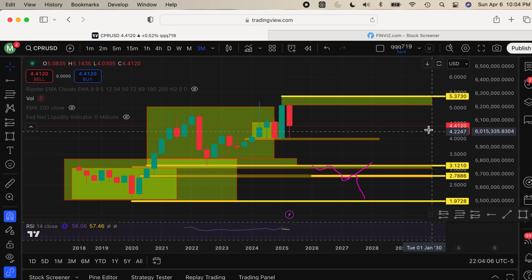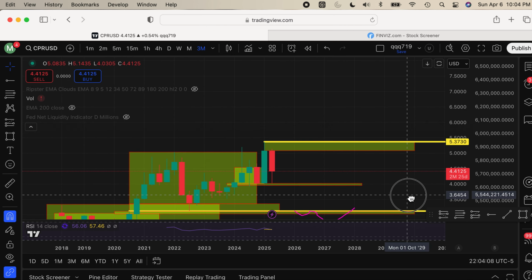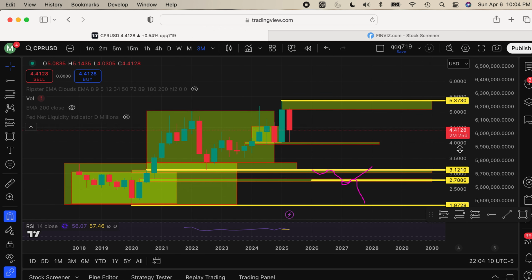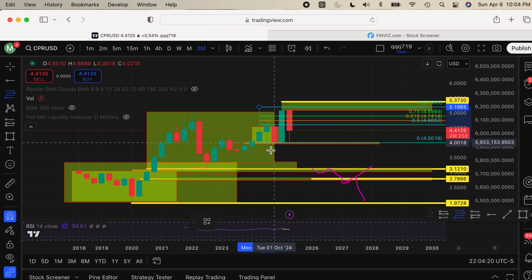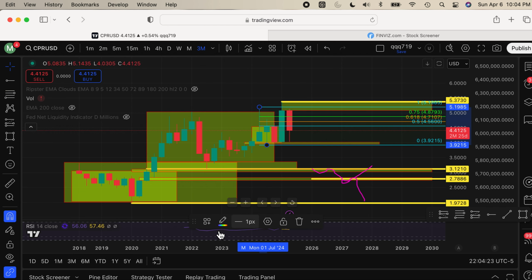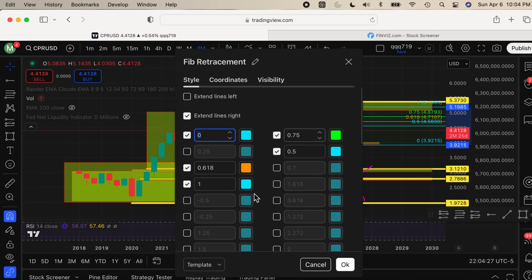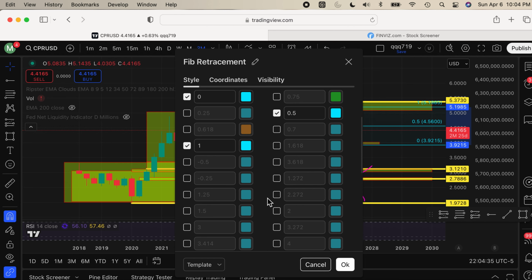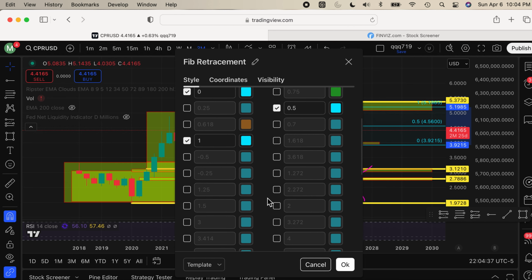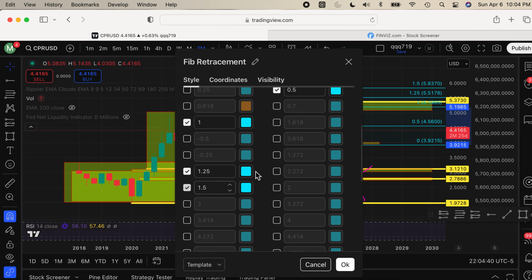And if they go for this high, 537, then you could say, okay, normally in a fair value area, they're going to shoot for 1.25 to 1.5 retracement. So let's do 1.25 and 1.5.